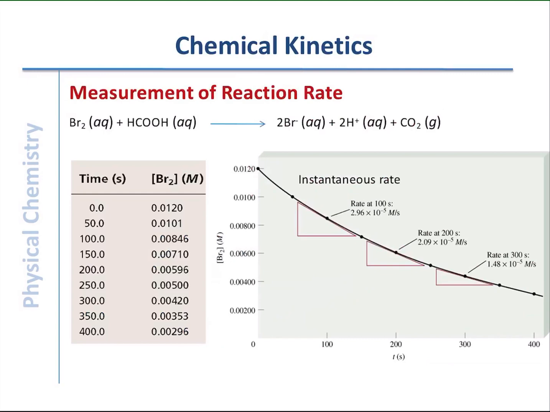Then after 100 seconds the concentration of bromine reactant decreased more and more. We can calculate the rate of this reaction by calculating the difference in concentration between 2 points divided by the difference in time.